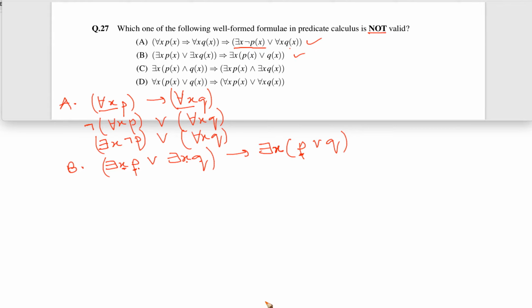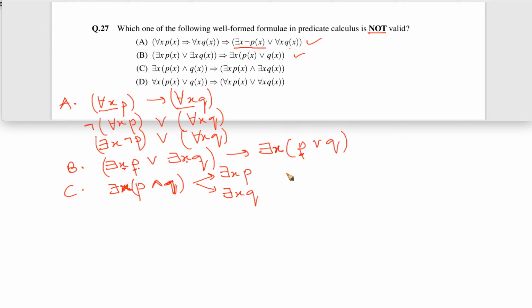What about C? In C they are saying that there exists x, p and q. Now this is different. They are saying that there is one x for which px and qx, both of them are correct, right? So what does it mean? It means that there exists x where px is true and there exists x where qx is true, and both are correct.